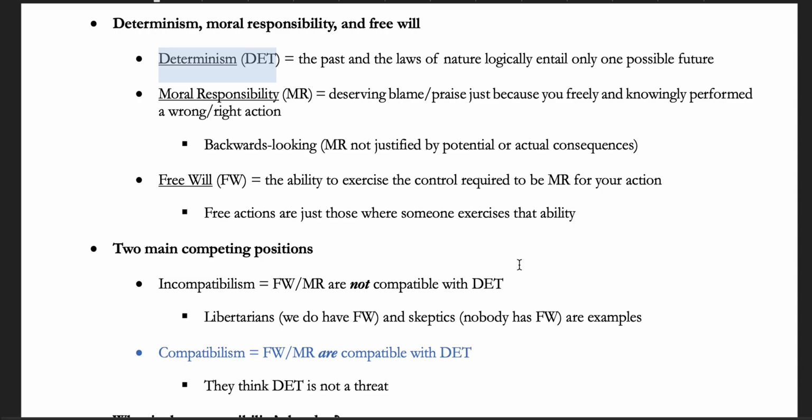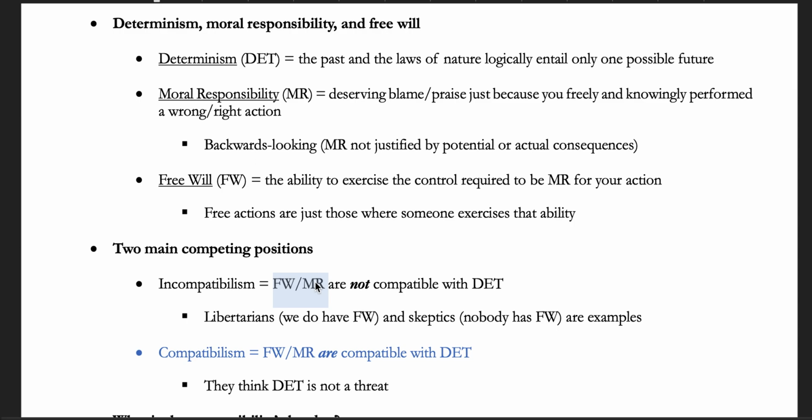So whether the world is determined or undetermined, you still can't have free will and moral responsibility, and since the world has to be one of those ways, nobody's responsible. But the point here is just incompatibilism. The main thing of incompatibilism is just that free will and responsibility are not compatible with this kind of world where the past and the laws of nature entail only one future.